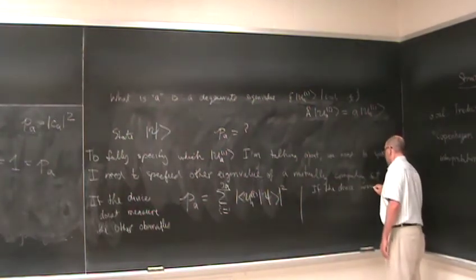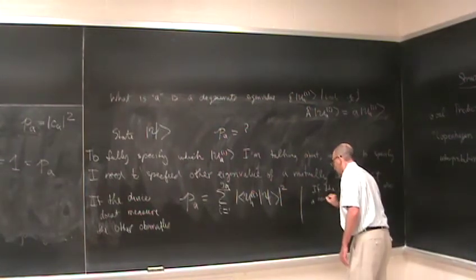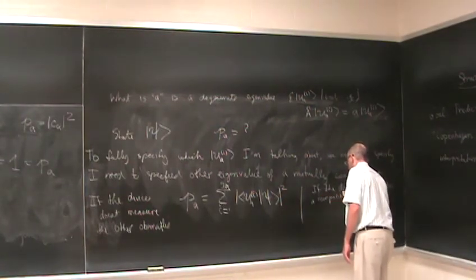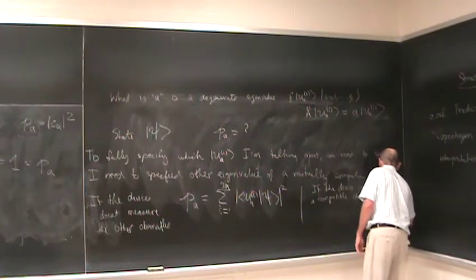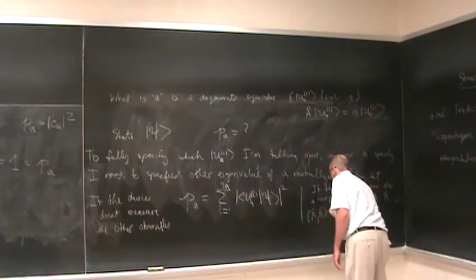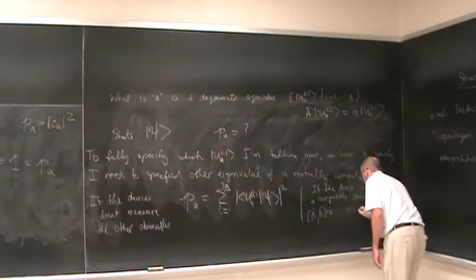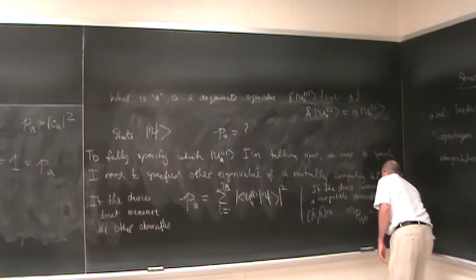On the other hand, if the device measures also a compatible observable B, which commutes with A, then the probability depends on both the particular outcomes.